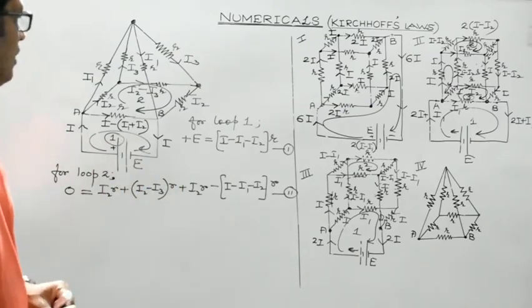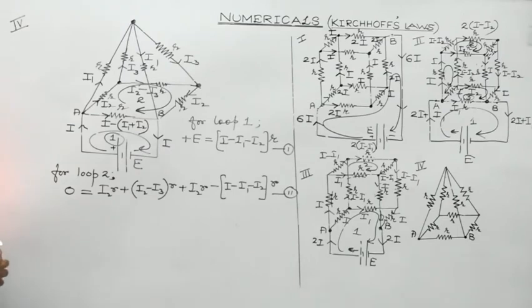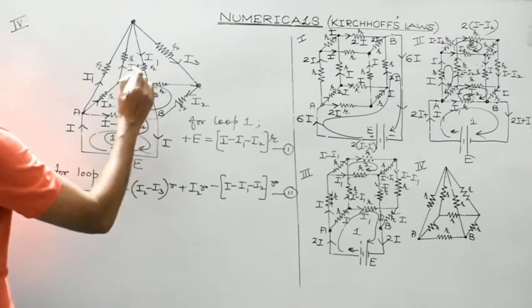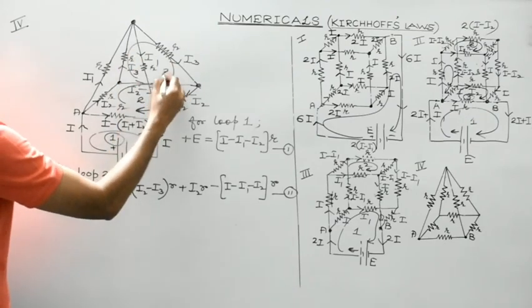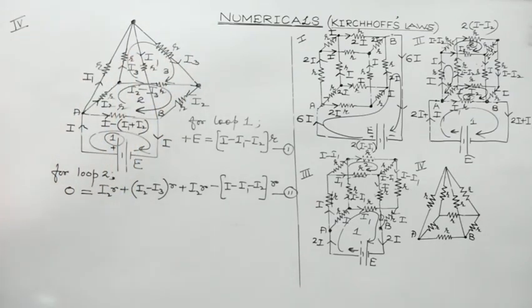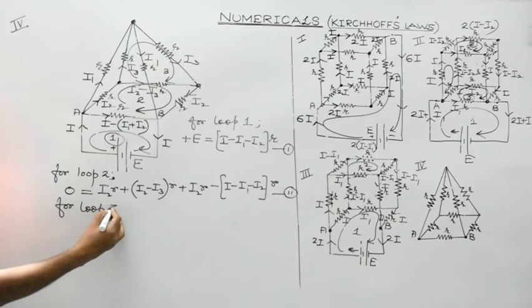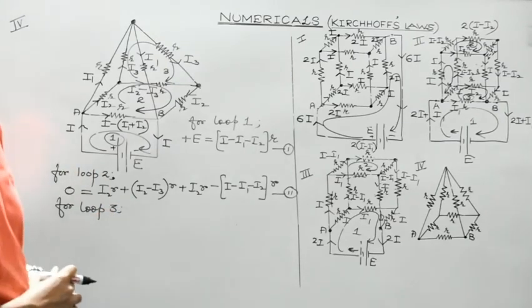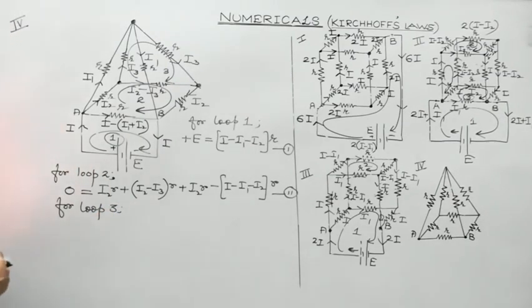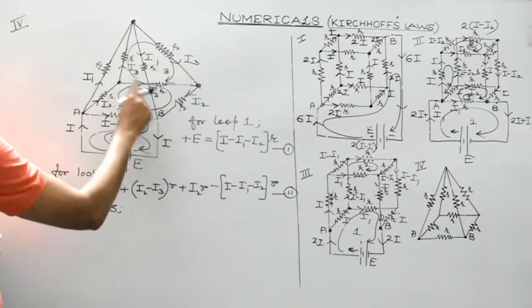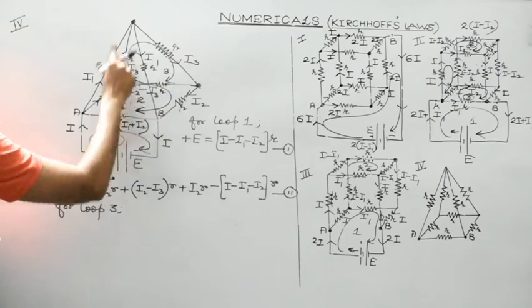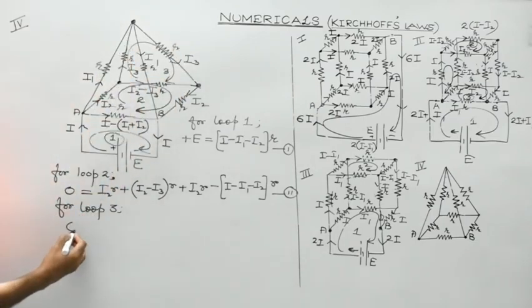Third one. Let's consider this part involving current I3. So for loop 3, let's apply the loop rule, which is Kirchhoff's second rule, in this particular closed network. Again, there is no EMF in this closed part of the electrical network, so net EMF is 0.